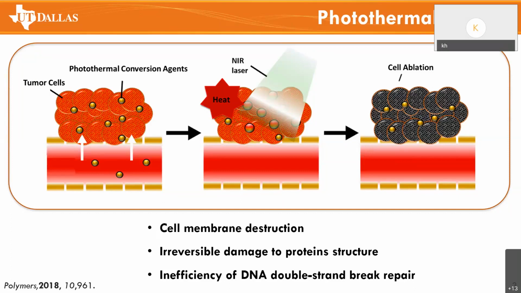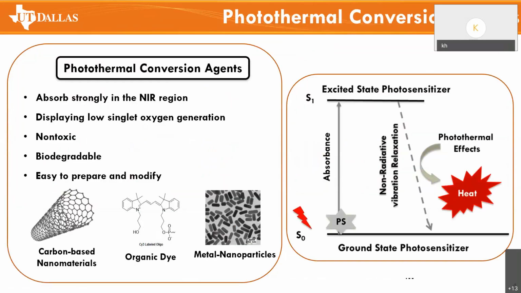So as I mentioned, this method involves administration of photosensitive agents, but what are they and how do they work? Ideally, these agents should be able to fulfill 4 critical requirements. First, absorb strongly in the near-infrared region, but they should show low fluorescence quantum yield and low singlet oxygen generation, because in this way they can maximize the conversion of absorbed photons to heat.